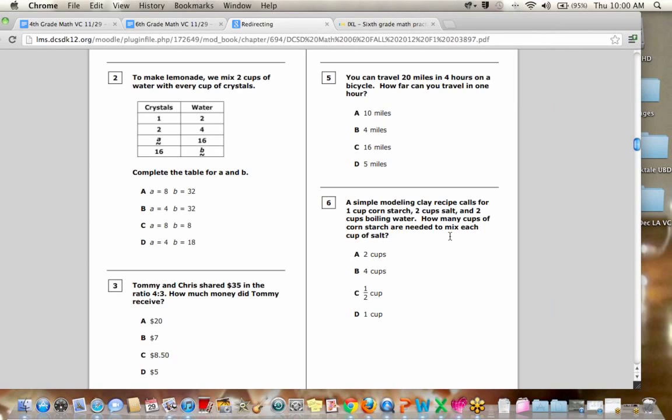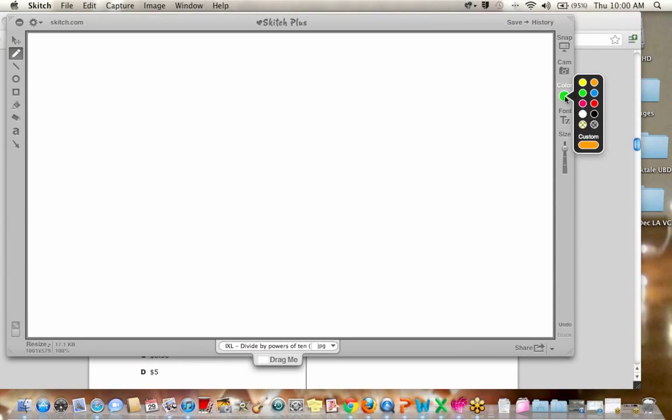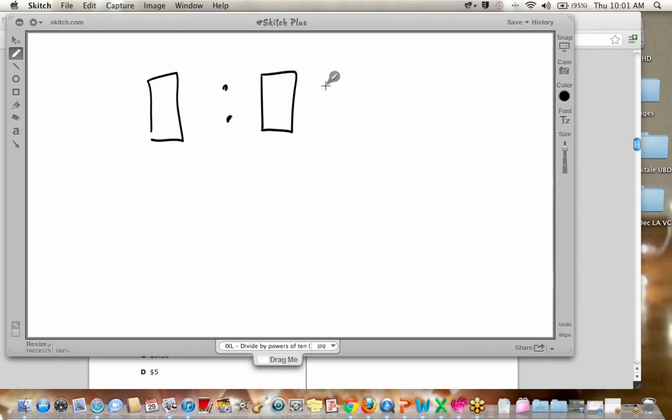So I'm going to come over here and draw a picture of it. Wipe clean. There we go. Okay, so I'm just going to say this is my cornstarch per 2 cups salt. So my ratio is 1 to 2.